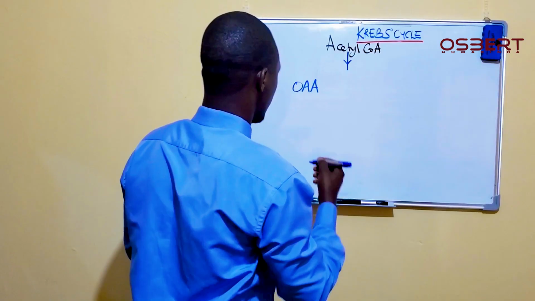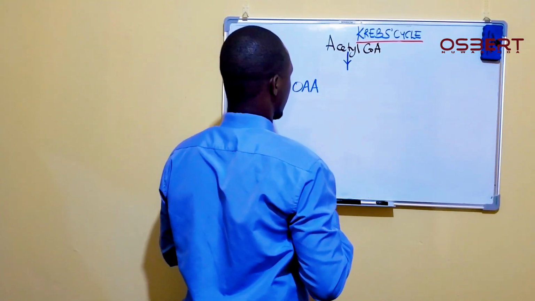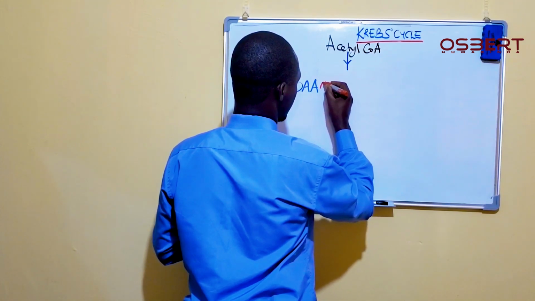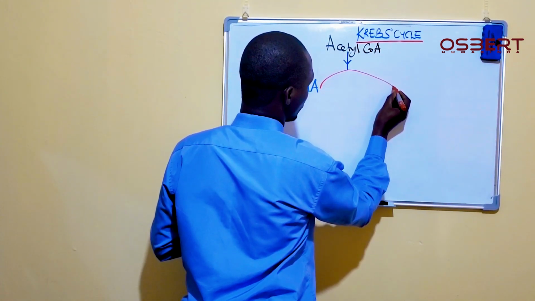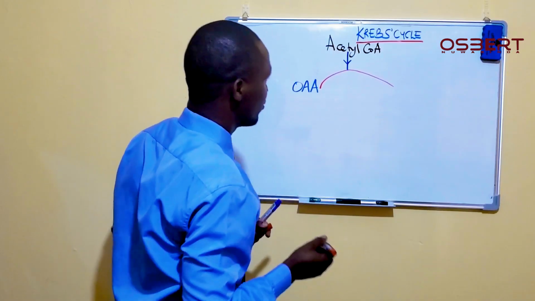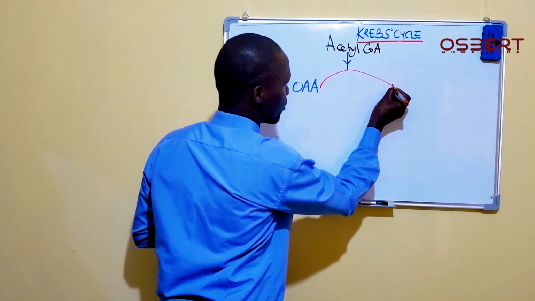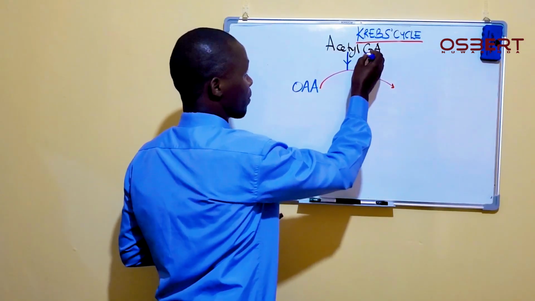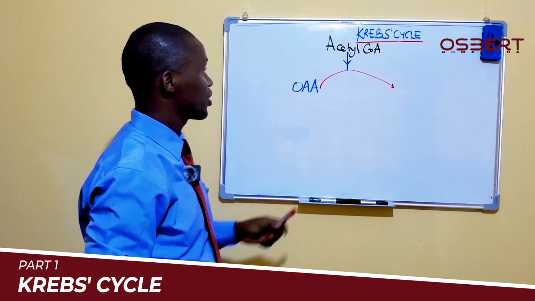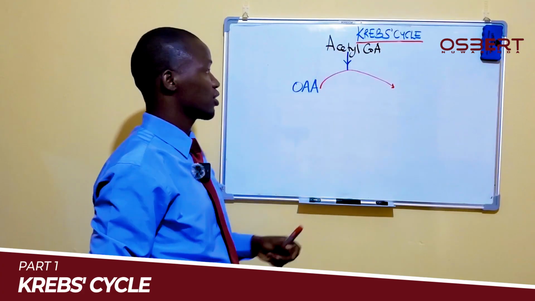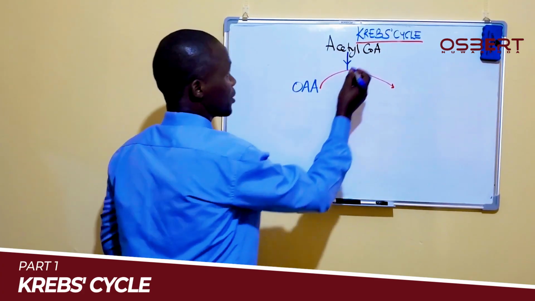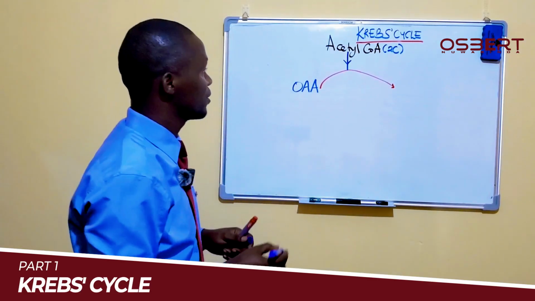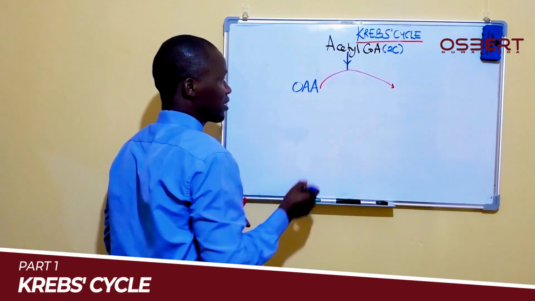It is this oxaloacetic acid that is going to join up with acetyl coenzyme A, which came from the link reaction. And of course, this one here is having 2 carbons.